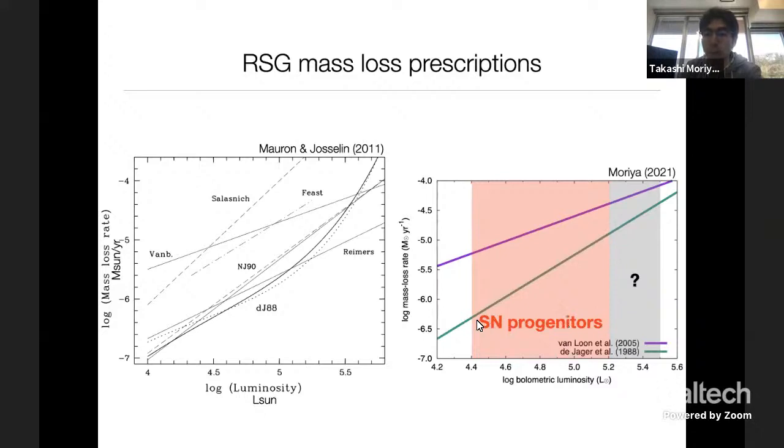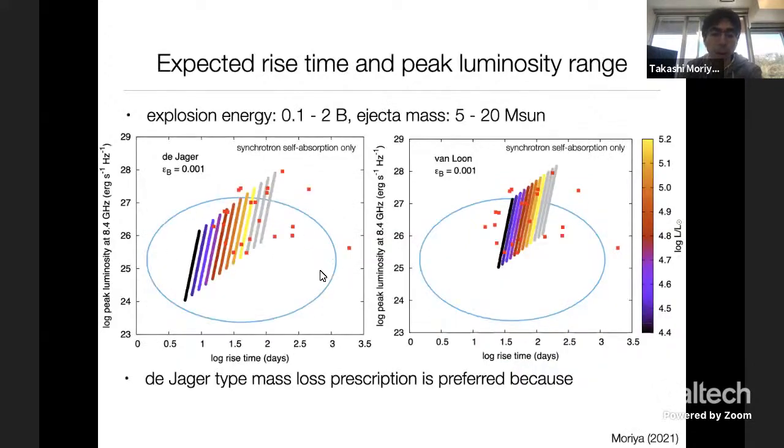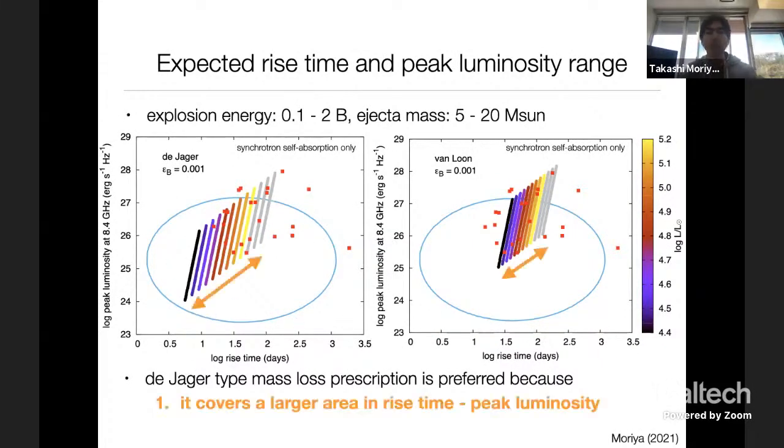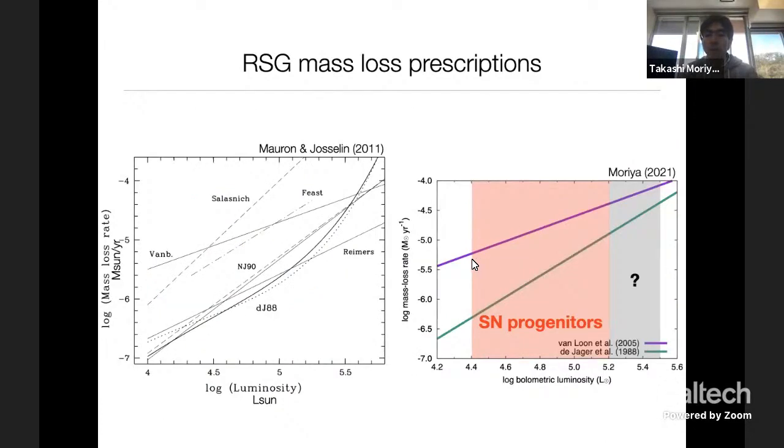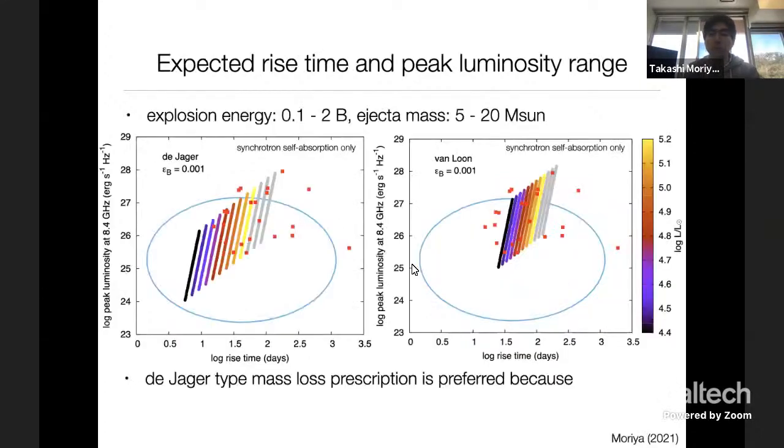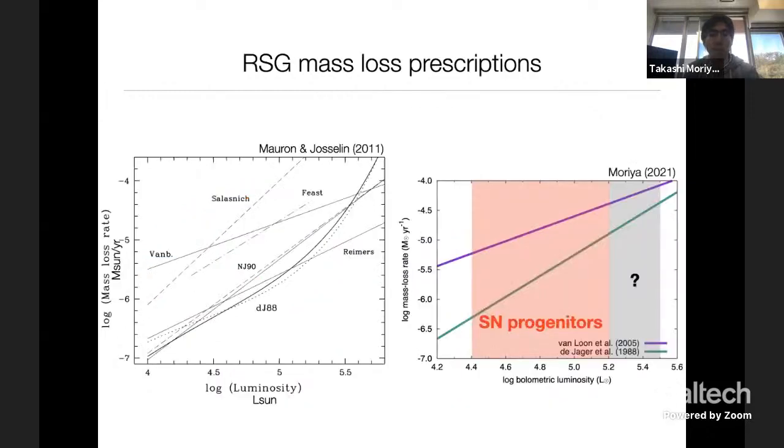That can explain the widely spread rise time and luminosity observed in radio light curves, while the Van Loon mass loss rates don't have much dependence on luminosity, so they predict very small mass loss variation in the red supergiant supernova progenitors, which is actually not consistent with this large region covered by radio rise time and peak luminosity.